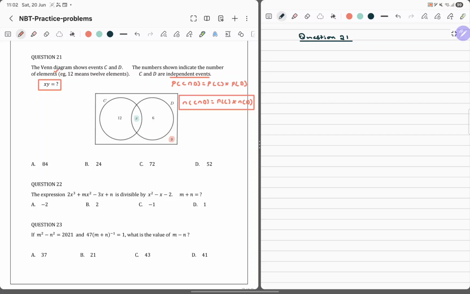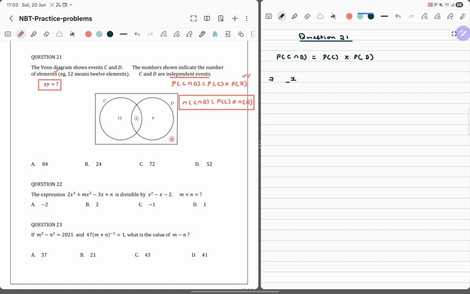Well, obviously this tells us that we're going to have to look through the product rule, because there is a product, so maybe there's a very good chance we can do that. So we know, folks, that the probability of C intersect D should be the probability of C multiplied by the probability of D, because these two events are independent.